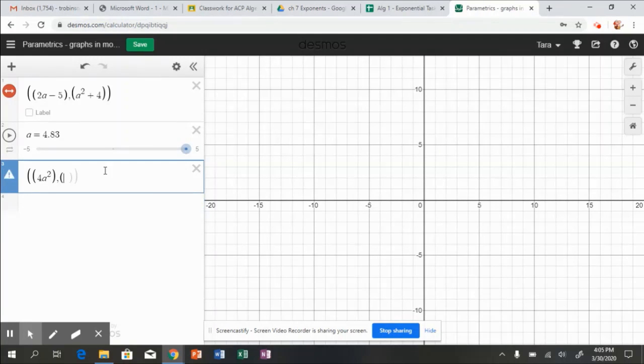And the y part is y equals 6t over 5 plus 9. So I'm going to put in 6a divided by 5 plus 9. Now they have the same letter, so they're both going to share this a.